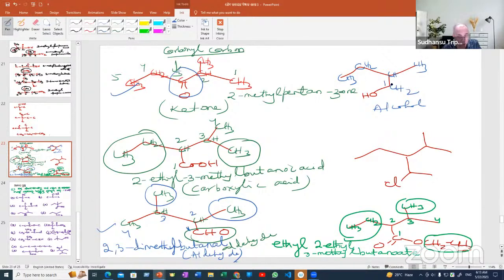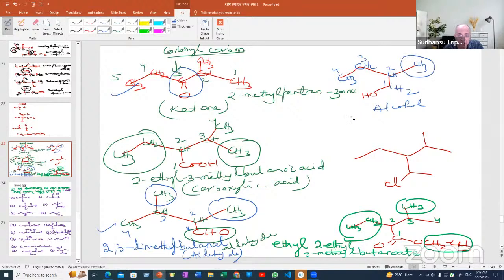Or, of course, I told you that you have to go in the direction of alcohol so that the principal carbon chain should be holding the OH group somewhere. So if you go in this way, 1, 2, 3, 4 will be the locant of all. So you have to go in this way, 1, 2, 3, 4.